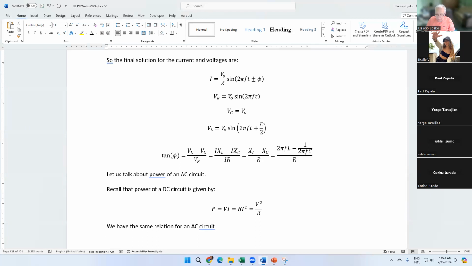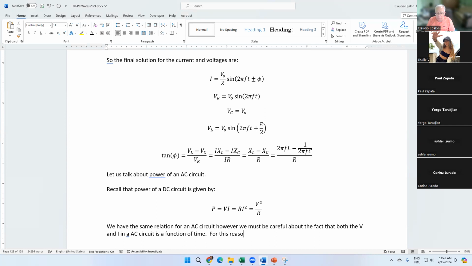The difference, however, is that we must be careful about the fact that both V and I in an AC circuit are a function of time, okay?